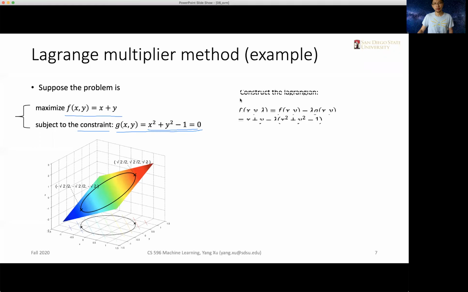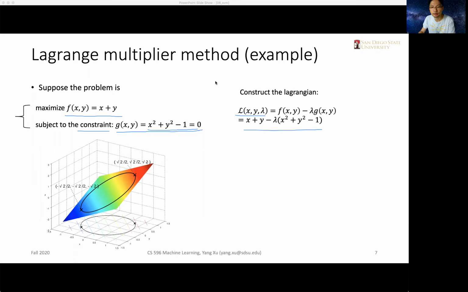So if we apply this method of Lagrangian multiplier, we can construct the Lagrangian expression in this form. The Lagrangian of x, y, and lambda is f of x, y minus lambda times g of x, y, which is this form, right?